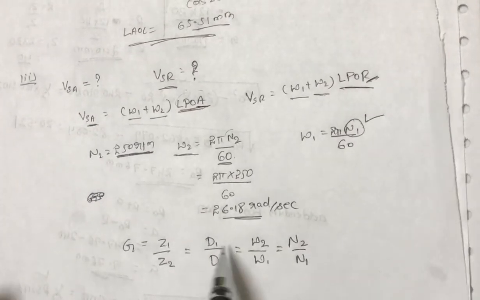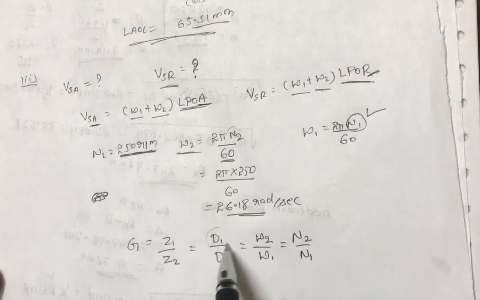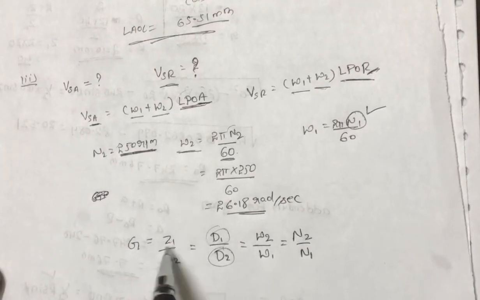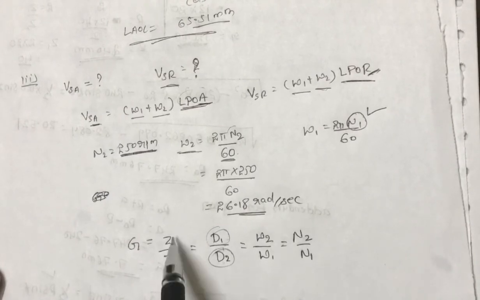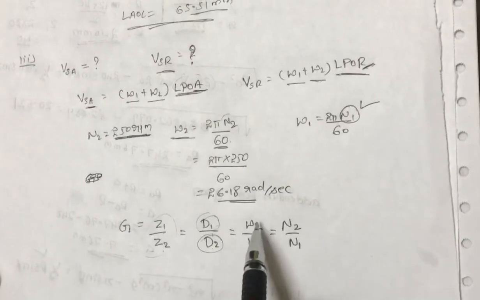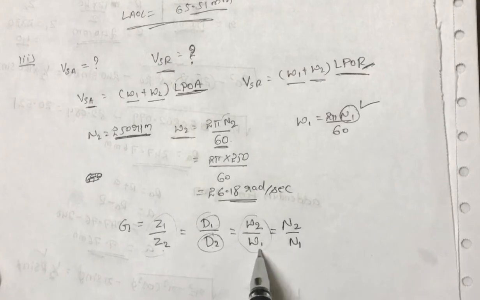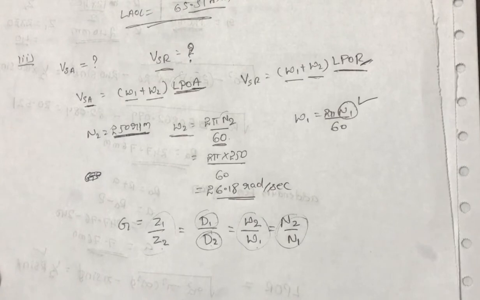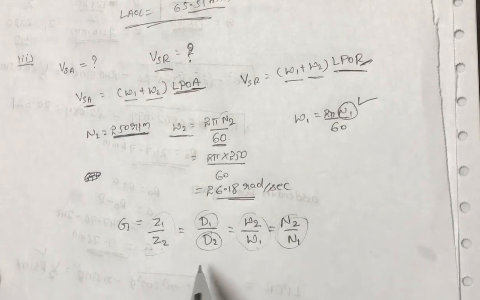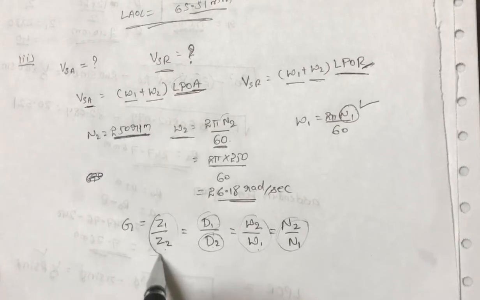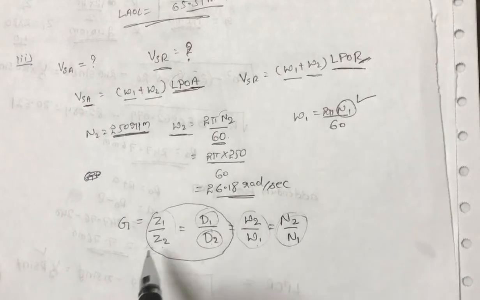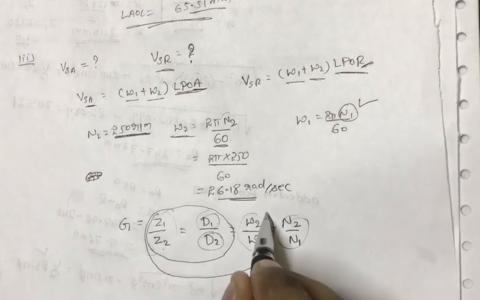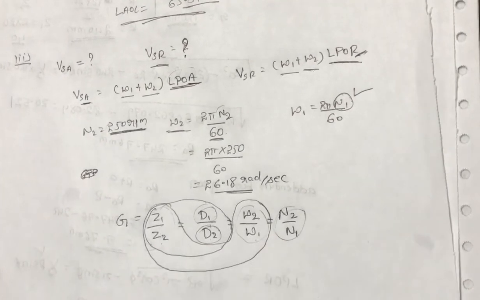It is directly proportional to the diameter, right? Z1 divided by Z2 is directly proportional to D1 by D2, but this gear ratio is inversely proportional in omega 2 by omega 1, meaning angular velocities and speed. Fine. So we can use either Z1 by Z2 is equal to D1 by D2, or else we can use Z1 by Z2 is equal to omega 2 by omega 1.